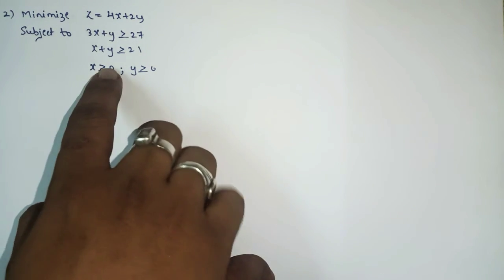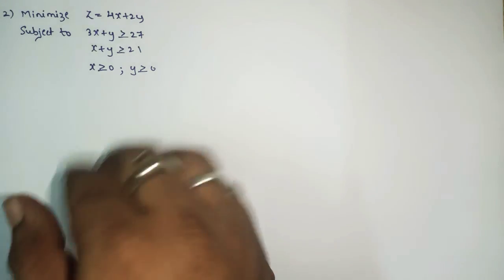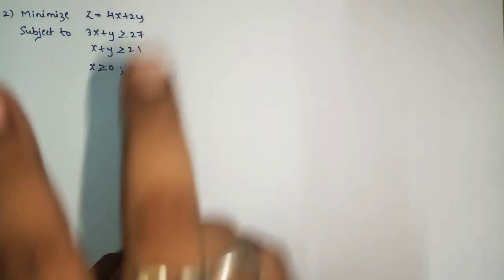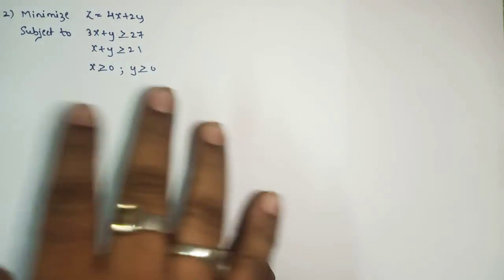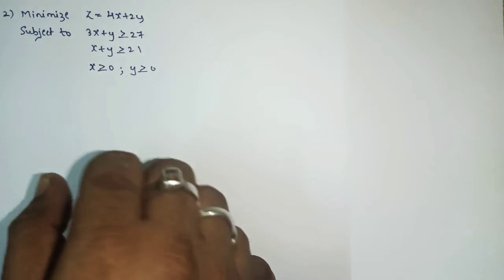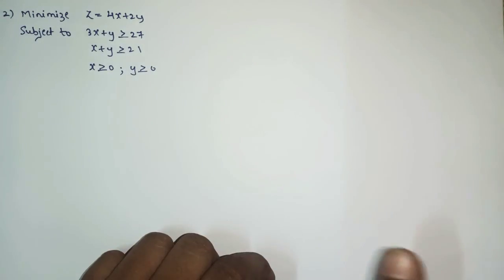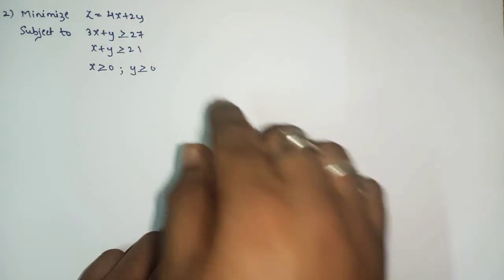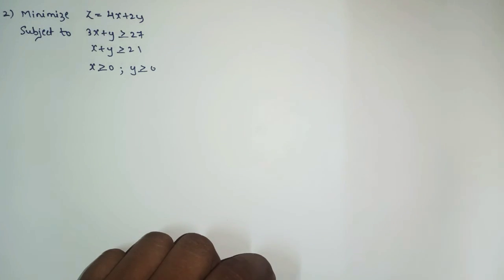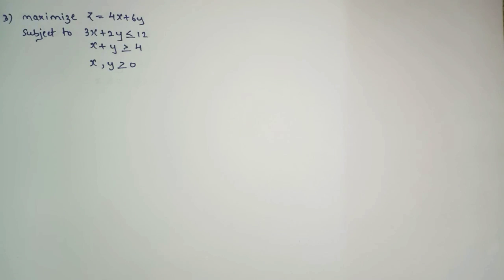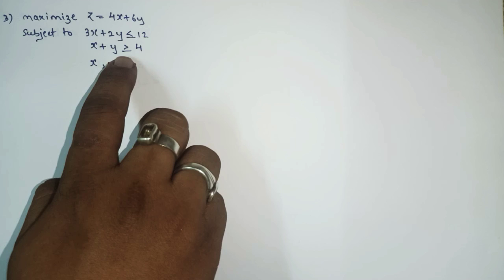When I ask how many linear inequations are there, you will say two linear inequations, yes or no? And what about these two? They are the condition. That means our plotting will lie in the first quadrant, so we have to consider only the first quadrant. Then we'll see one sum based on less than and greater than.